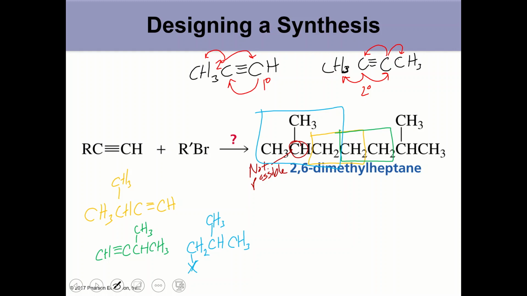When the triple bond is between the orange carbons, then this purple section are the carbons that have to be added to the orange carbons to make the final product. And so I'm going to need an alkyl halide on the carbon that the orange carbon bonds to, and to draw the rest of that structure.